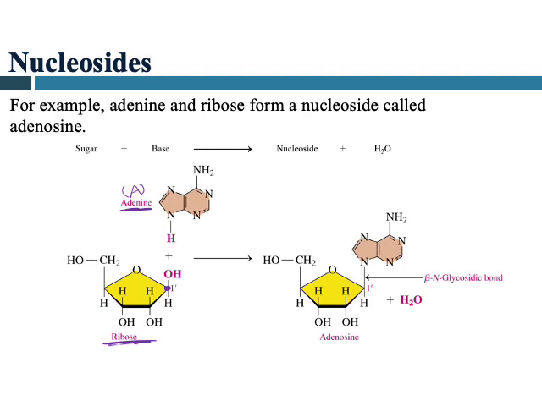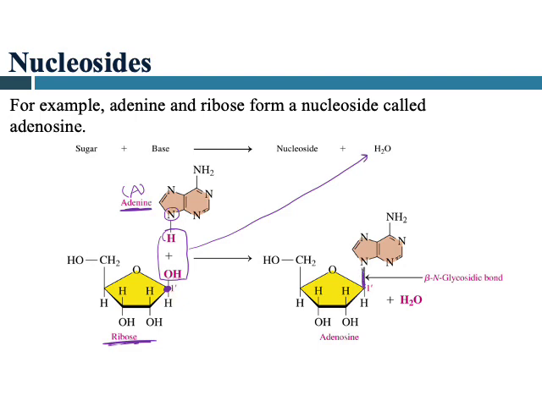So in adenine, the hydrogen from the nitrogen combines with the oxygen from carbon number 1 of the sugar molecule and is removed as water, if you can see over here. Now if you remove H and OH, what's going to be left? The nitrogen is going to attach directly to this carbon number 1, and you can see this bond over here.